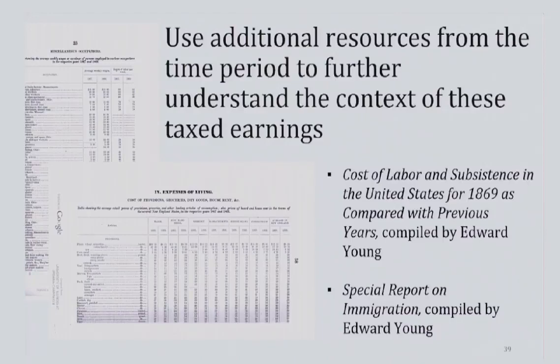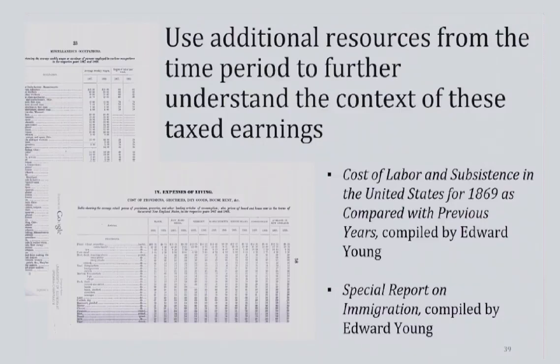Certainly anyone who made enough to pay the income tax was doing pretty well for themselves. To further contextualize the information, like Barnum's salary or how much his neighbors in Connecticut were worth, researchers can consult the contemporary works, The Cost of Labor and Subsistence in the United States for the year 1869, which showed the average cost of provisions, consumer goods, and rent, as well as average salaries for professions.